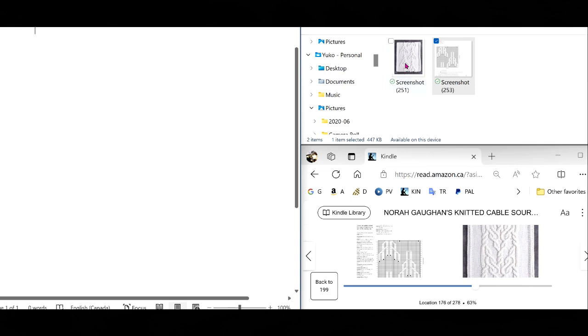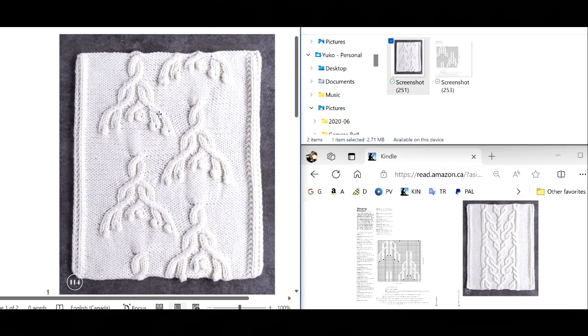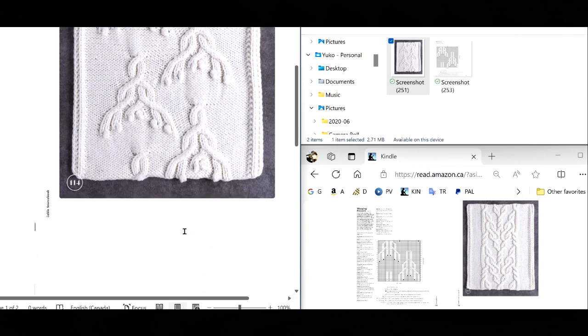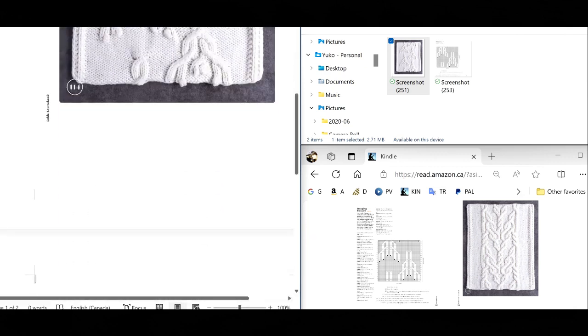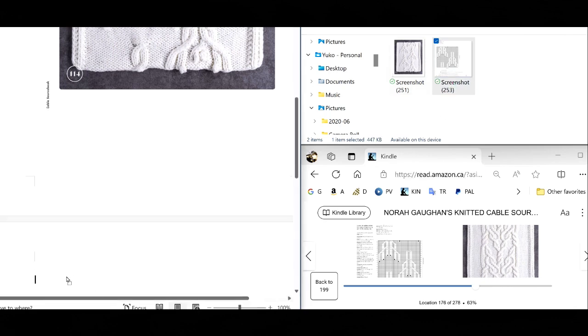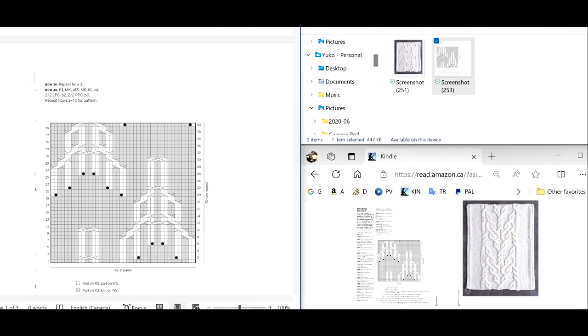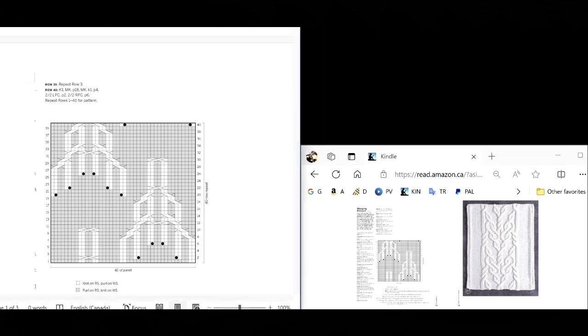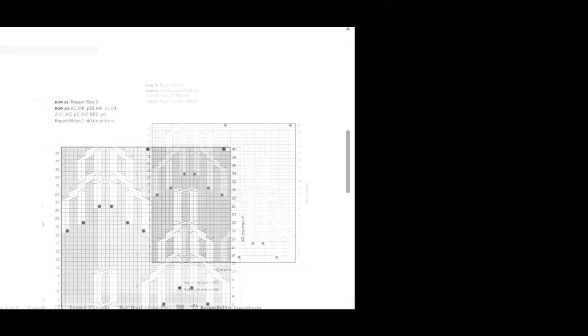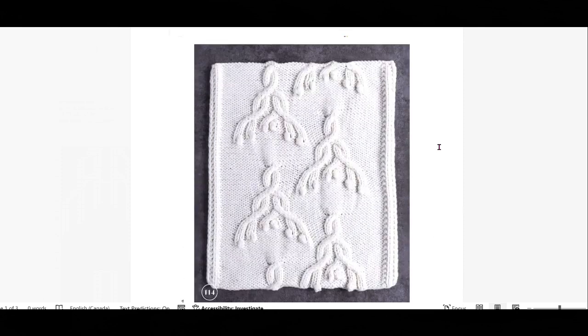So this picture goes onto Word. Okay, and next, this. There you go. So I'm going to close this, and open. Okay, so you want this pattern upside down.